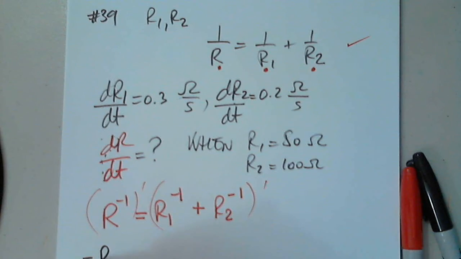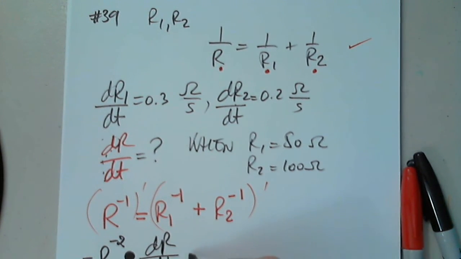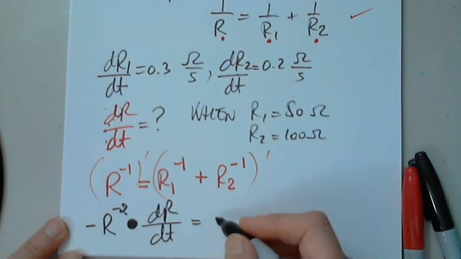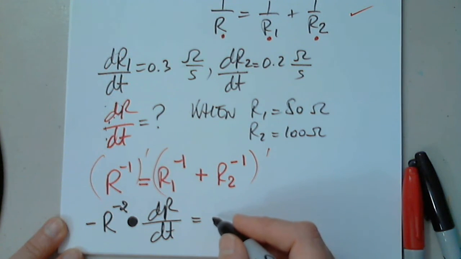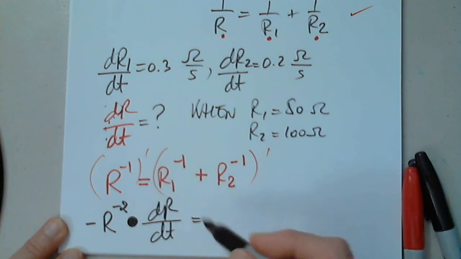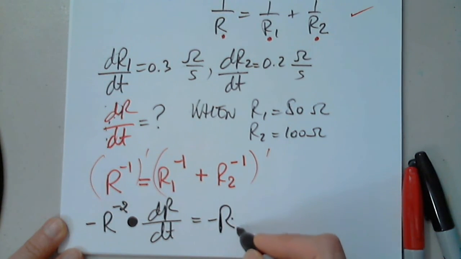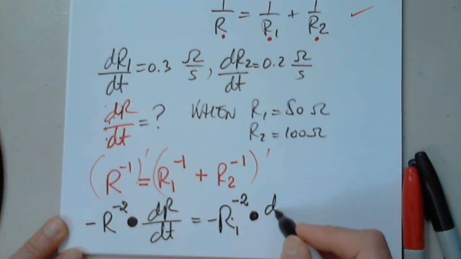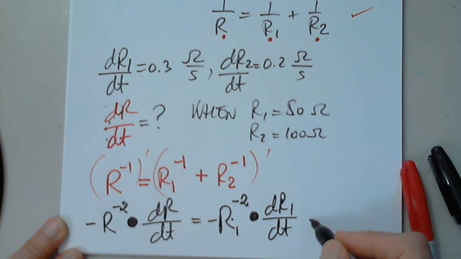Negative 1 over R squared, dR dt. Negative R1 to the negative 2, dR1 dt plus.